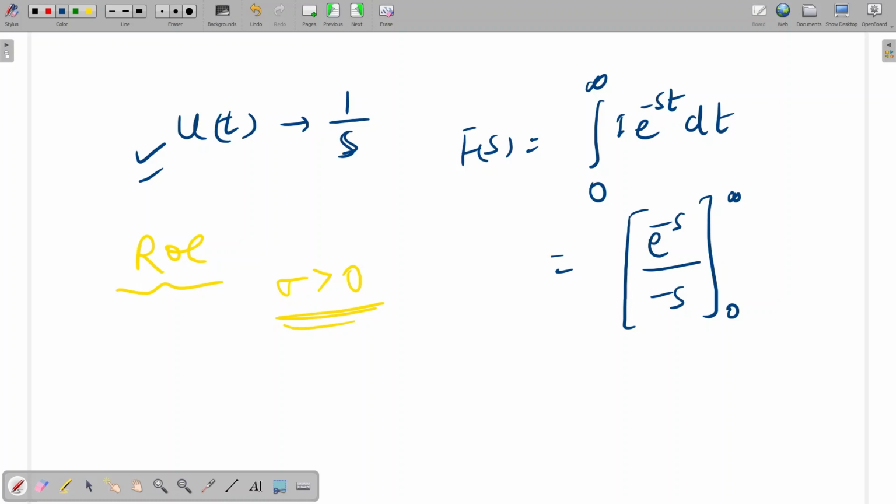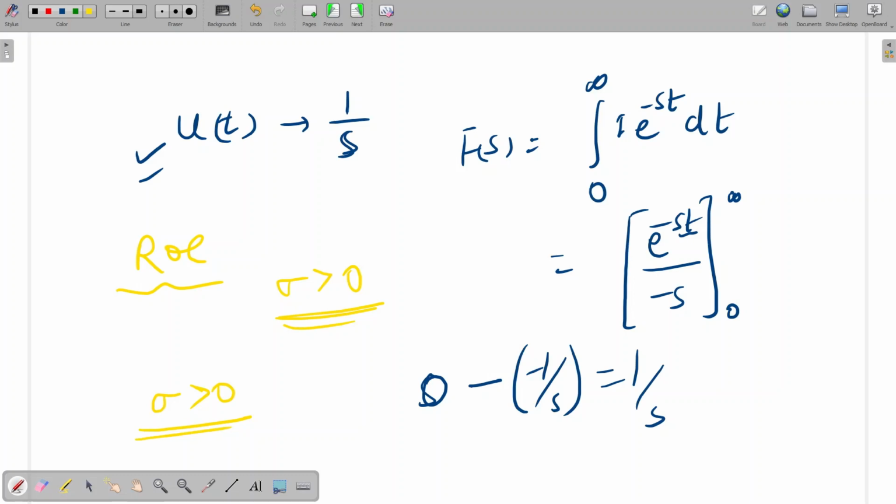Yes, sir. So if real of s, sigma, is greater than 0, then it will be negative and it will be 0 for this value. So 0 minus 1 by s, that will be 1 by s. So this is possible only when sigma, the real part of s, is greater than 0. So for a step function, the ROC is sigma greater than 0. Is it clear to all?